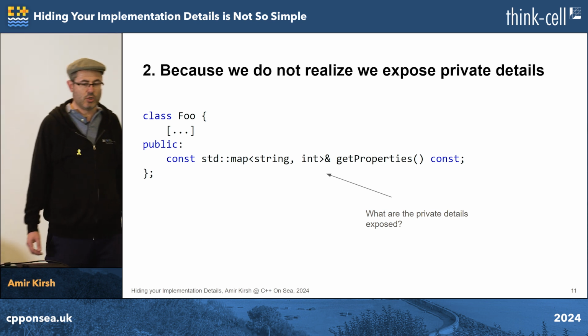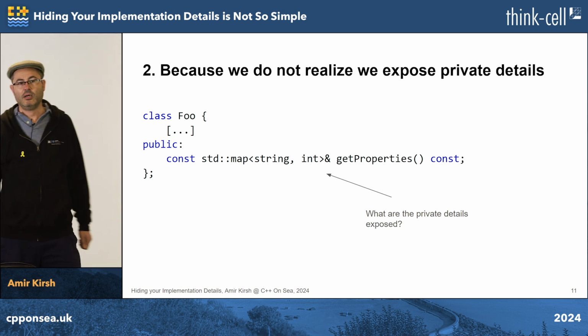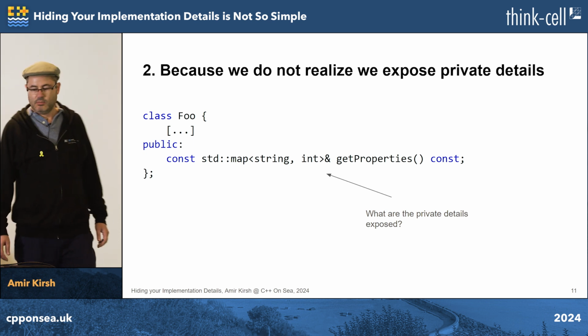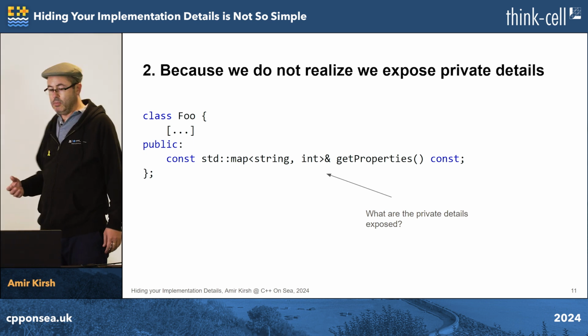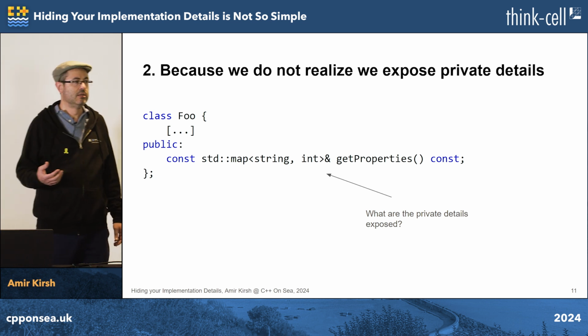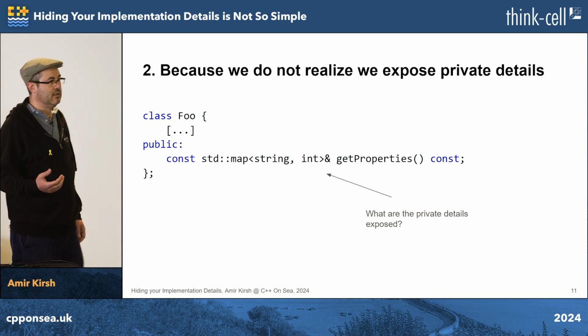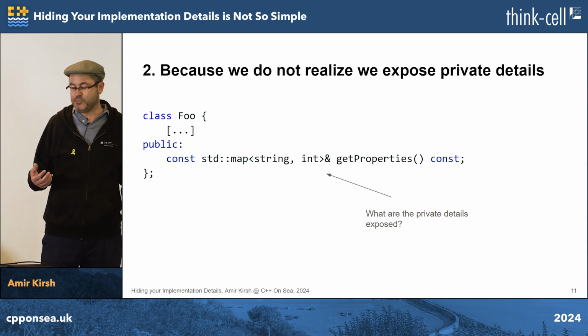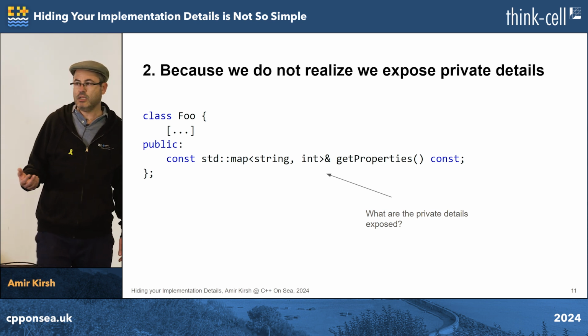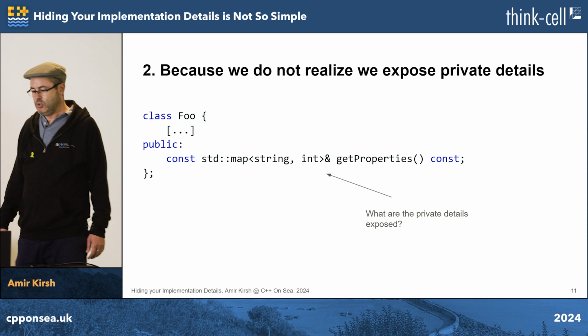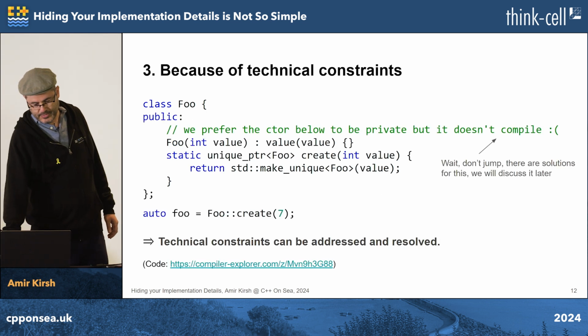We should return it because we need to allow you to read the properties. Maybe the properties are strings or integers. Maybe we even return it as a const, so you cannot modify it, but we do expose things here. We expose the type. We expose things that later would be hard to change.